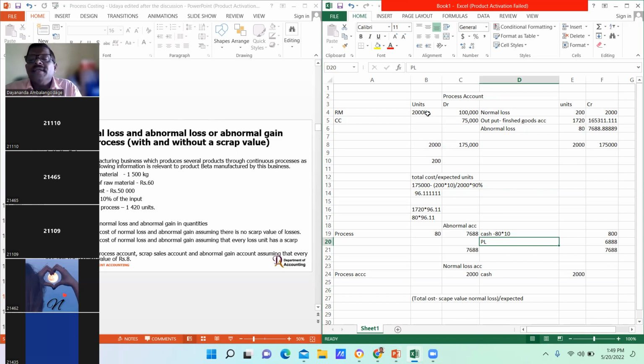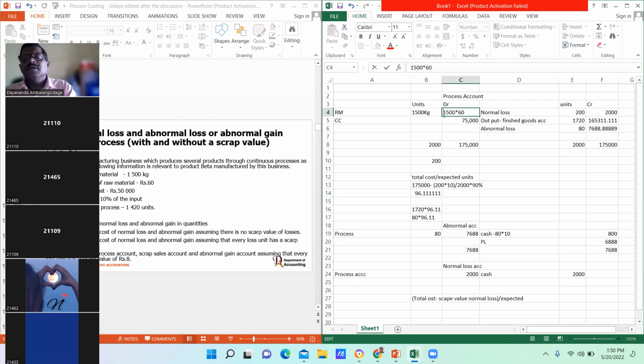Input of raw material. Here I put raw material 1500 instead of 2000 as in the earlier case. Those are the data we are entering. And the raw material cost per kg is 60. We can calculate it, no? 1500 into 60.